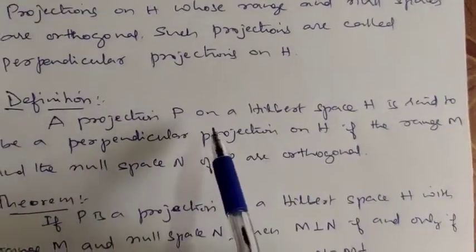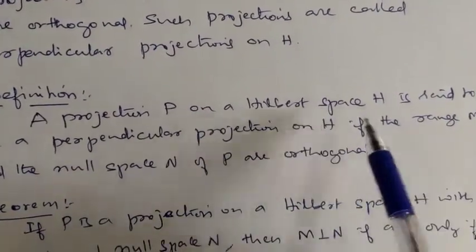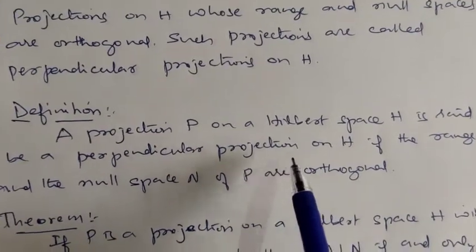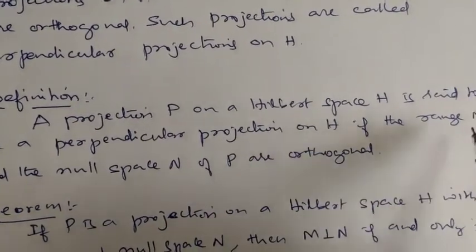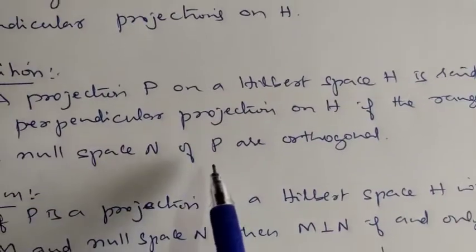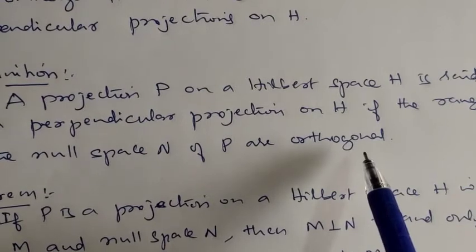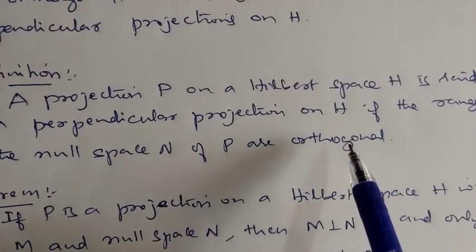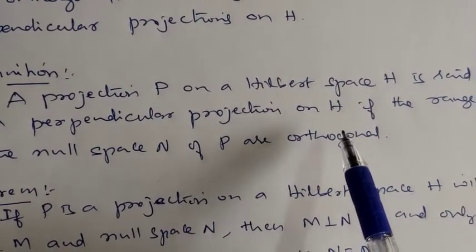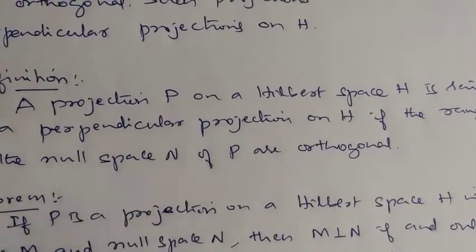That is, a projection P on a Hilbert space H is said to be a perpendicular projection on H if the range M and the null space N of P are orthogonal.